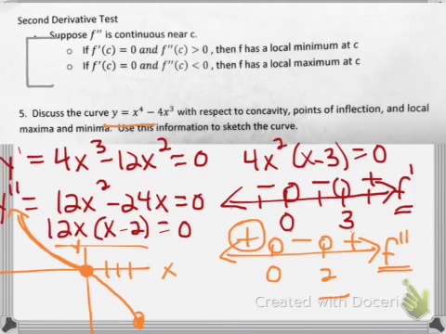So now it's got to flip, and it's got to go that way. Okay, and then after 3, they're both positive. So I'm increasing concave up, so it would just look like that. So just based on first and second derivative, I just got a sketch of the curve. We'll talk more about concavity and how to draw it, but there's your basic introduction to it.